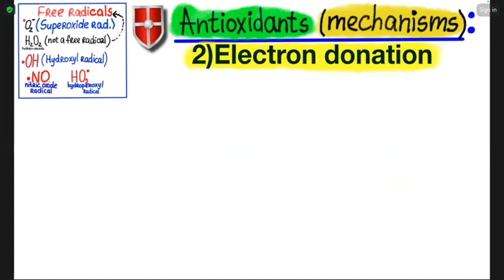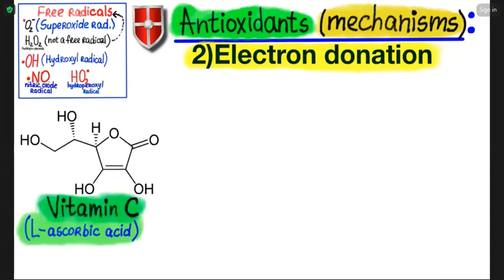If you apply the first mechanism, you may produce harmless products. If the second one, let's see how. It's similar to the first mechanism. It's almost the same thing, and you'll see why.